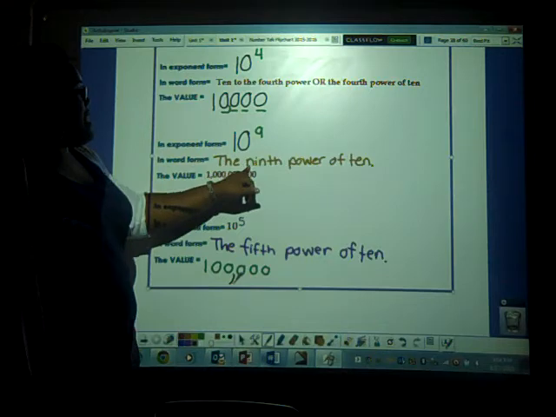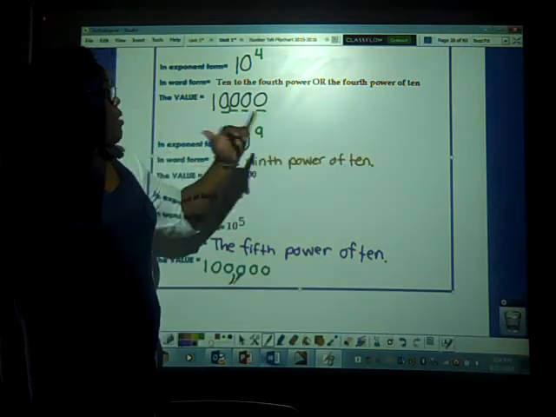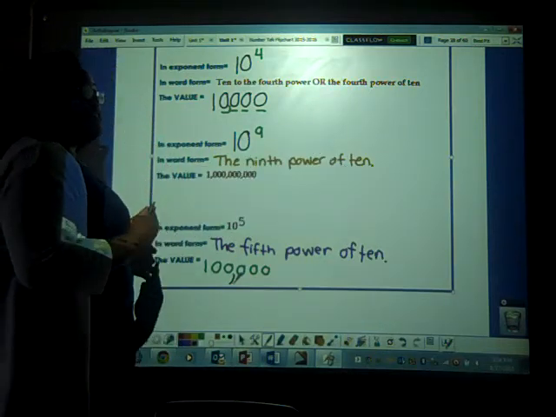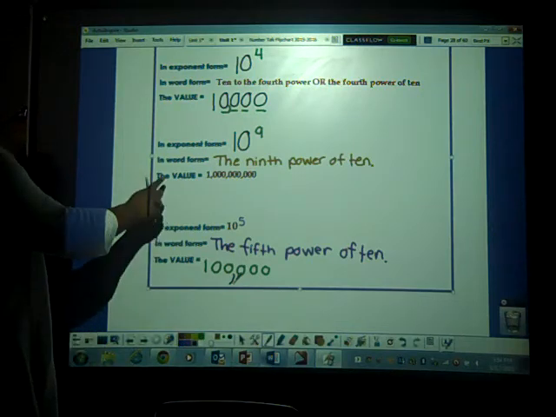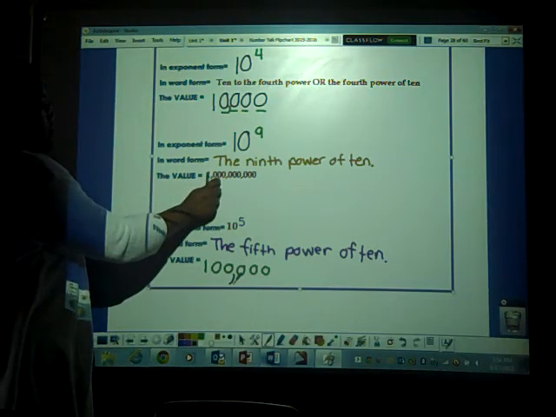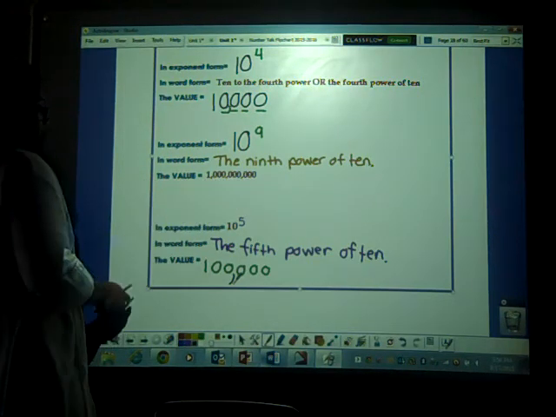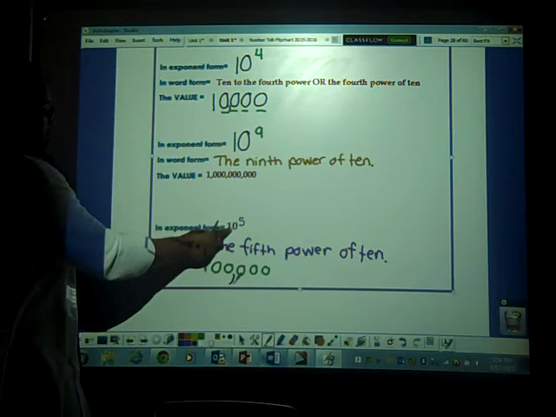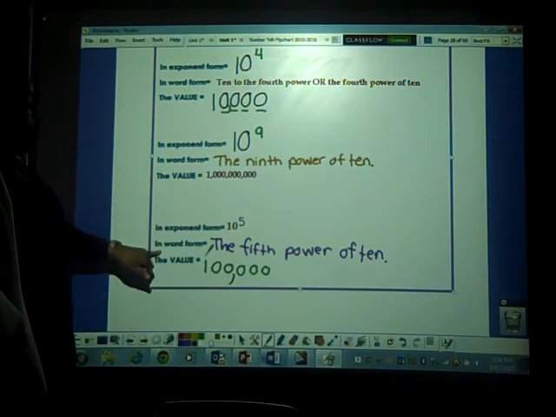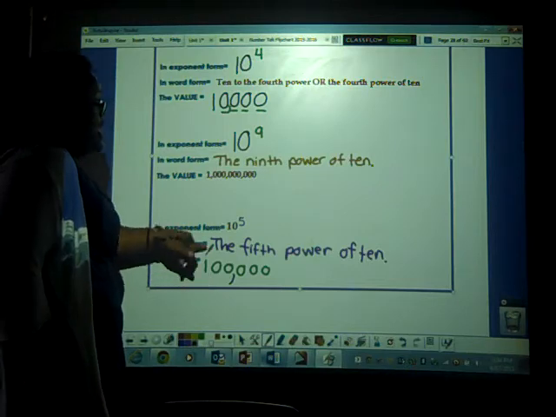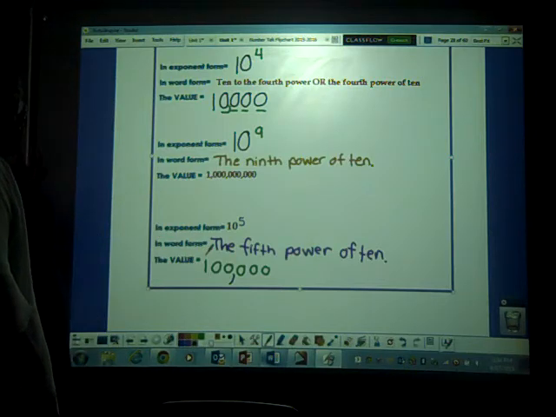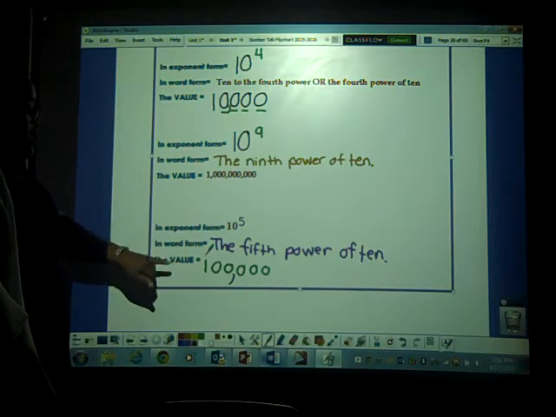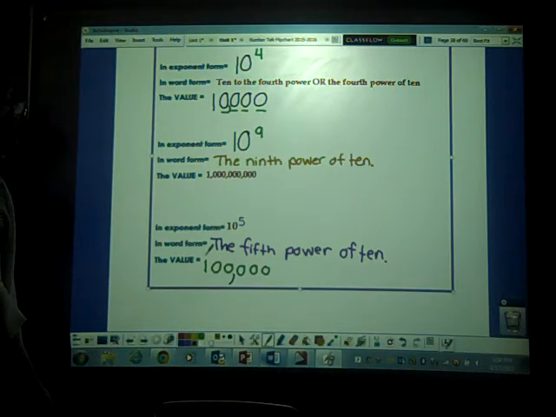In word form, the 9th power of 10 or 10 to the 9th power. The value is 1 billion. In exponent form, we have 10 to the 5th power. In word form, the 5th power of 10 or 10 to the 5th power. And then the value is 100,000.